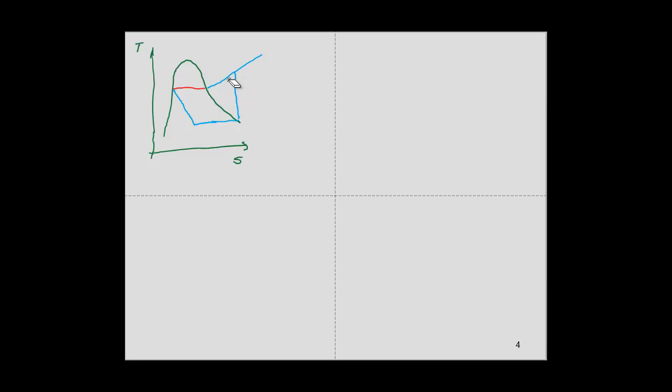Then we reject heat as in a condenser, change phase until we get to this point where it's saturated liquid, and then we expand, and we have a mixture of liquid and vapor, and we introduce it into the evaporator, and it will evaporate until it has again saturated vapor.